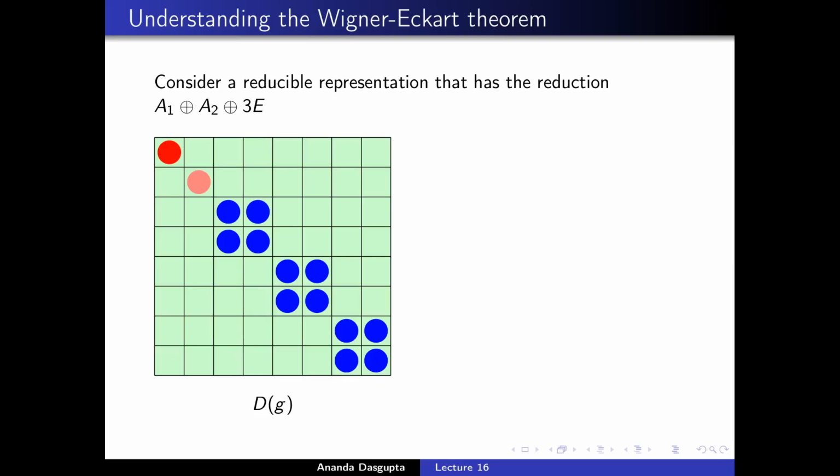Let me warn you once again, this is not the form in which an 8 by 8 representation matrix will naturally come, always. This is the form you will get if you manage to choose the right basis. Of course, as we have already seen earlier in this lecture, choosing the right basis is not really a matter of luck. You can use the projection operators that we talked about to find a proper choice of basis.